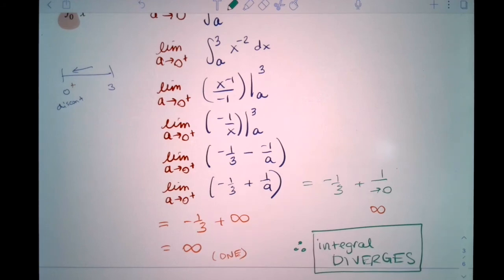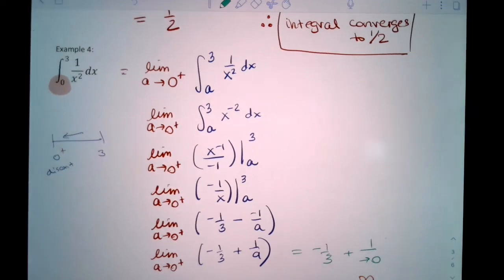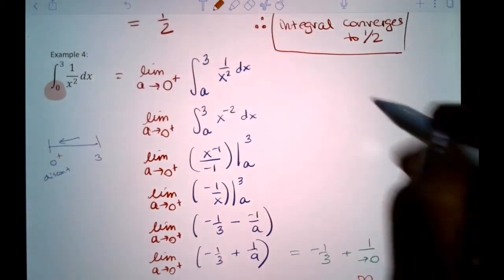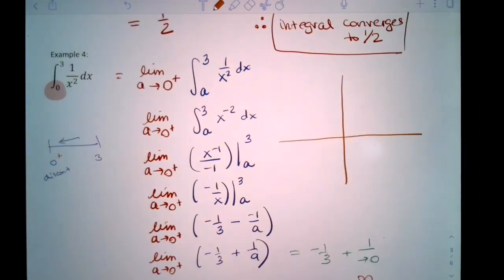And this is very interesting because you have a similar function. It's the same function. You're just looking at it from some different perspectives. So let me just draw something here and let's discuss a little bit what's going on. So I'm going to draw the graph of 1 over x squared.